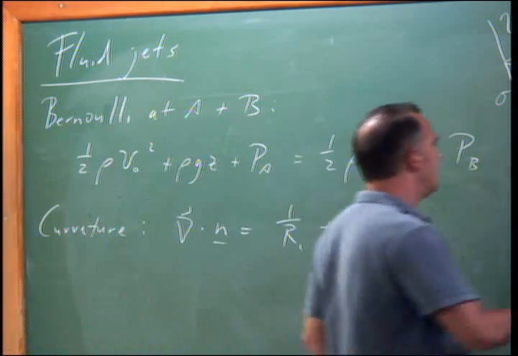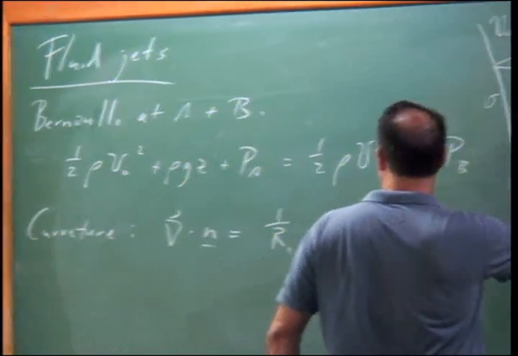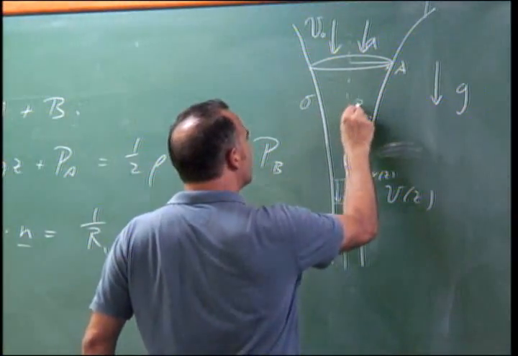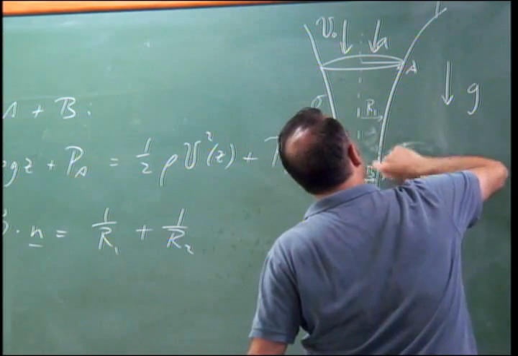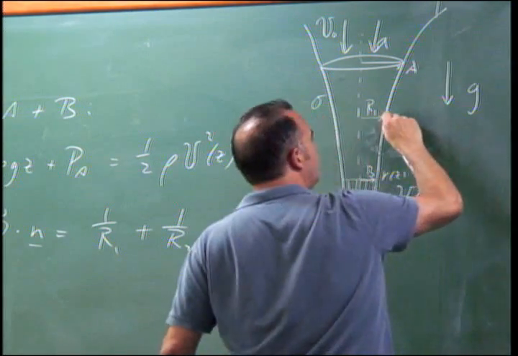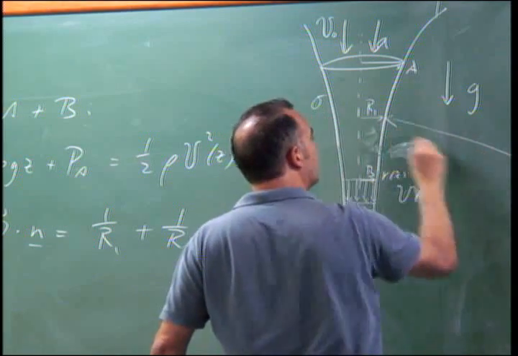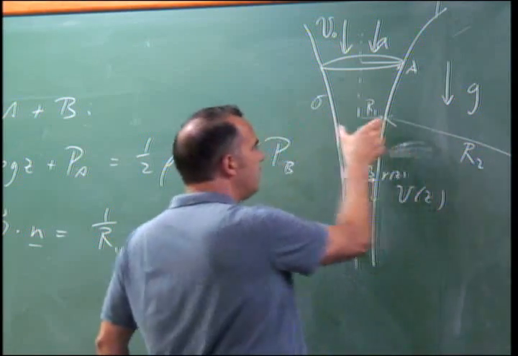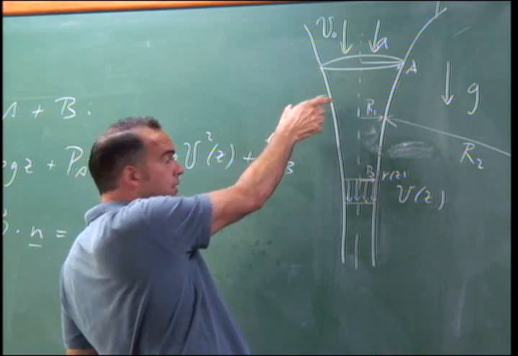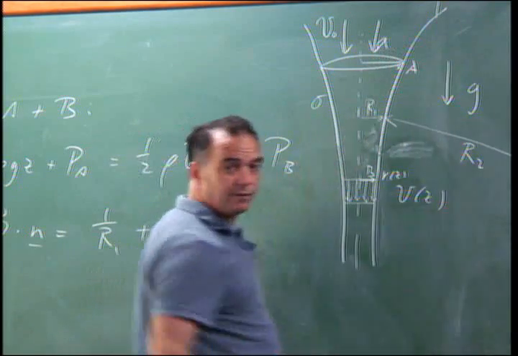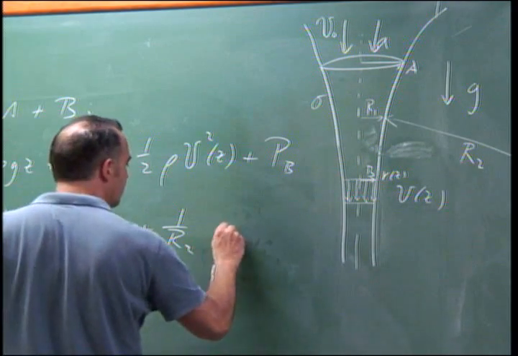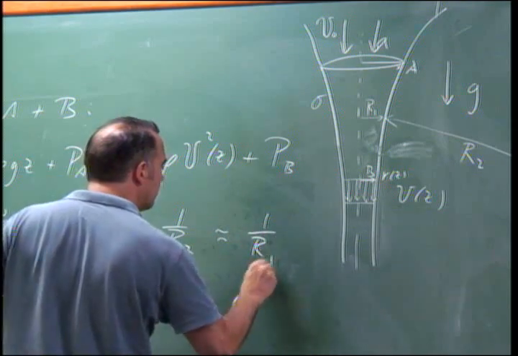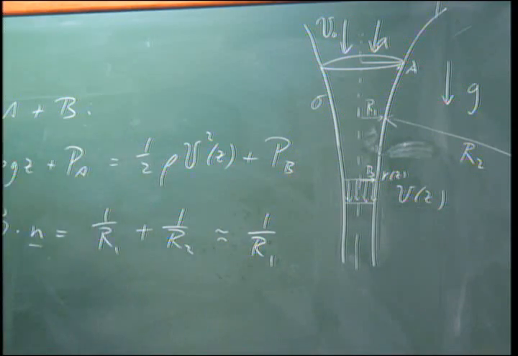So let's try and draw that. This is R1, at this point here, and R2 is something huge. Okay, so there's that radius of curvature, and there's that radius of curvature. And one is clearly much bigger than the other. So we can just say that.